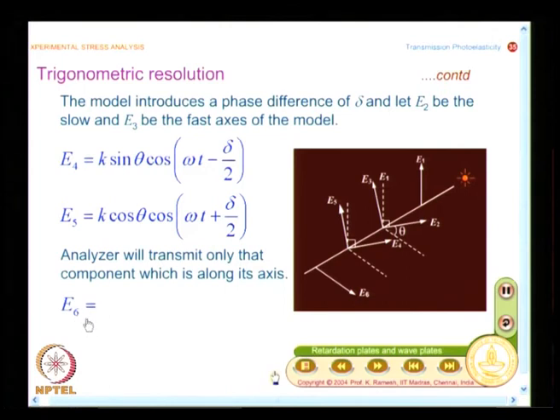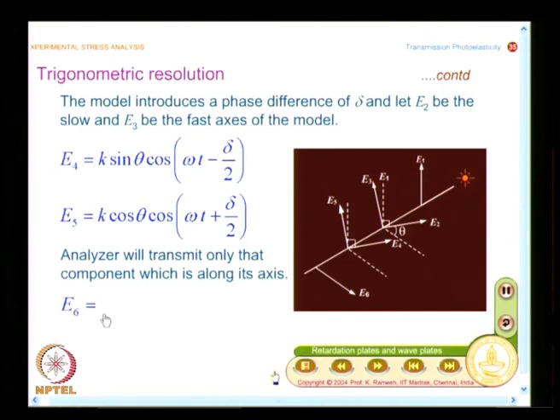So, what we do here is, because the optical arrangement is very simple, we are in a position to do trigonometric resolution, and stage by stage we are able to incorporate what changes happen to the incident light vector. And we know E6 will pass only the light component parallel to this.